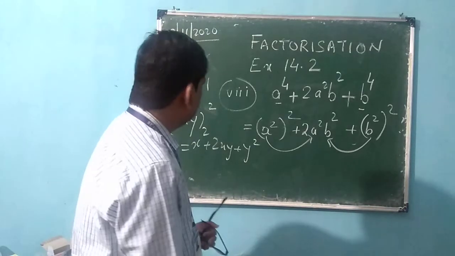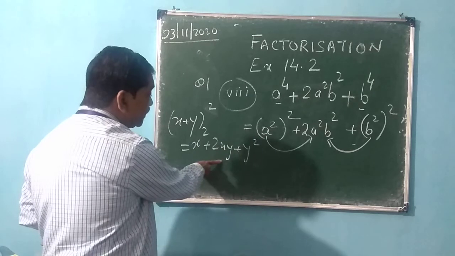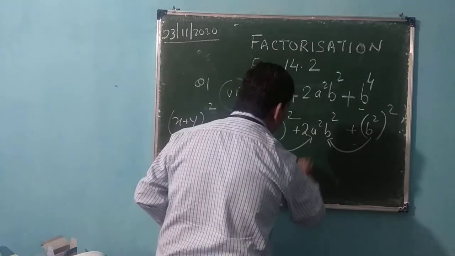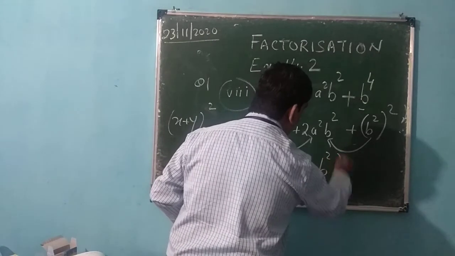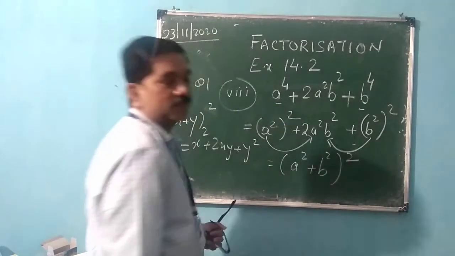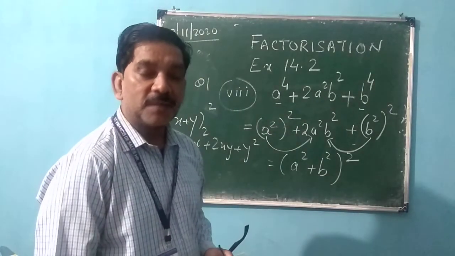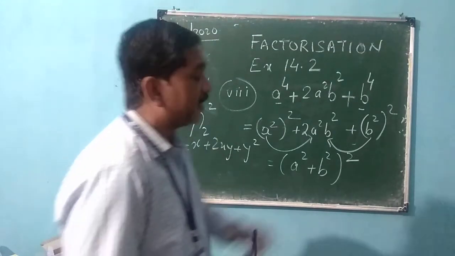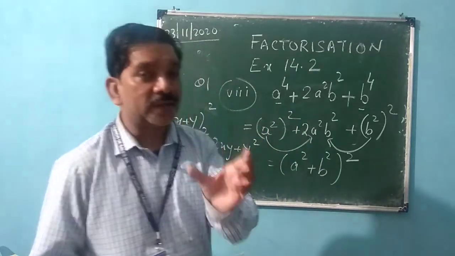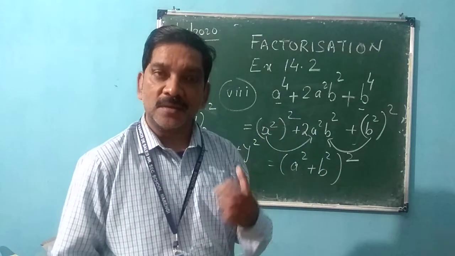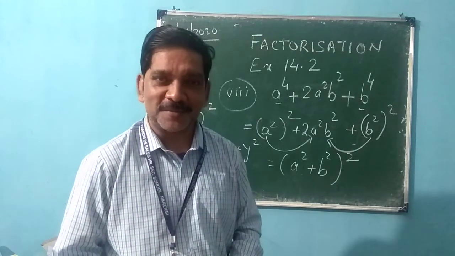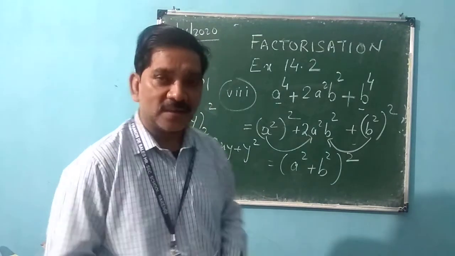So therefore it becomes x plus y whole square. So this will become a square plus b square whole square. Whenever you have a number in the square form or in the whole square form, it is factorized. Okay, this is factorization.